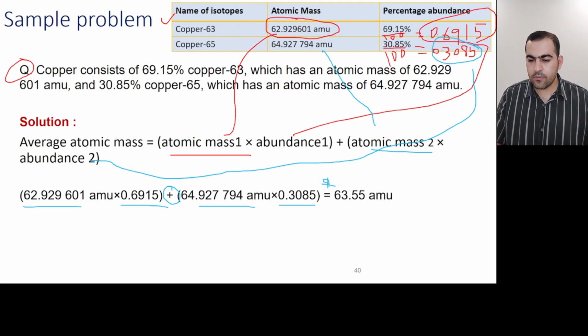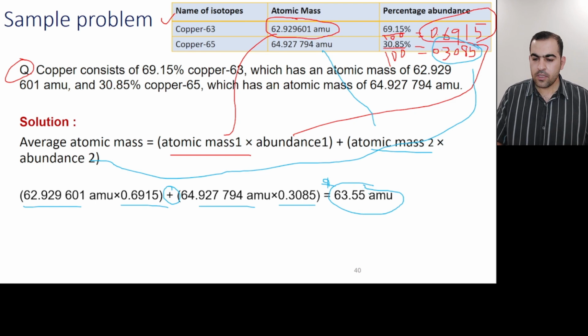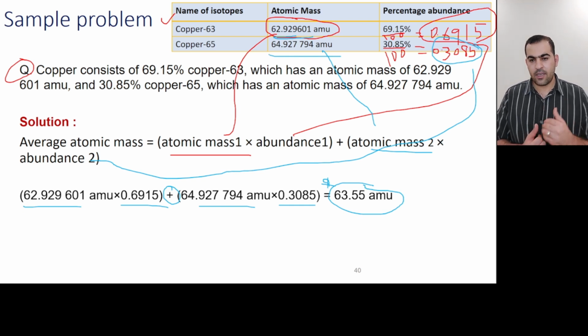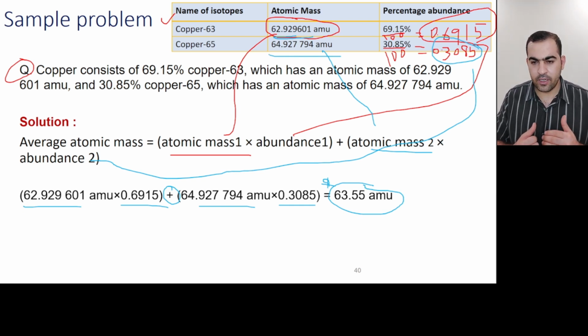So the result is 63.55. Let me tell you a trick. 63.55 is between these two numbers, right? Between 62.9 and 64.92.